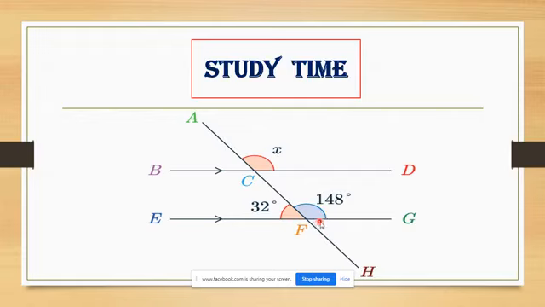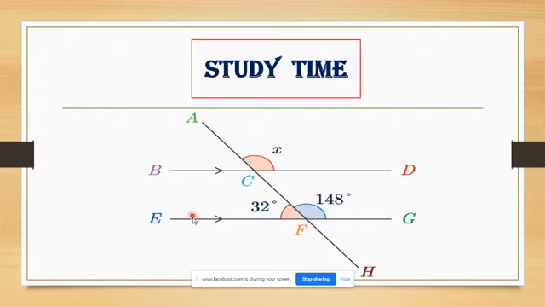The angles are in a linear pair, because in the last lesson we have seen what angles in a linear pair are. The measurement of one angle is 32 degrees and the measurement of another angle is 148 degrees.